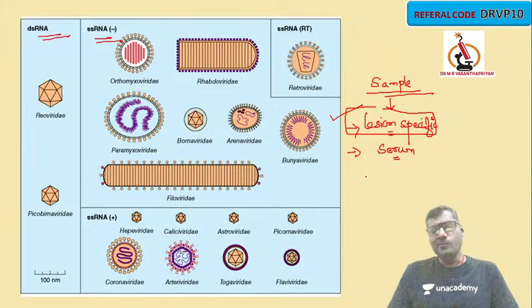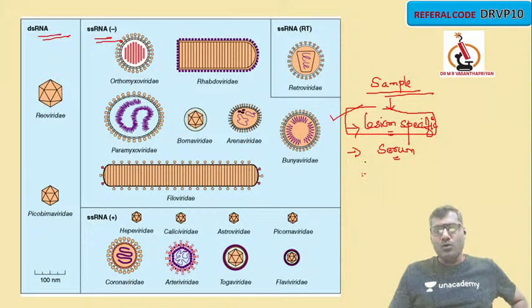In the case of swine flu, we again collect a nasopharyngeal sample like COVID-19. So lesion specific samples are very important for the diagnosis of viruses, mainly if we are using the microscopic method for diagnostic purposes.